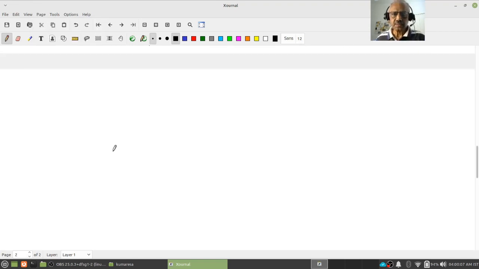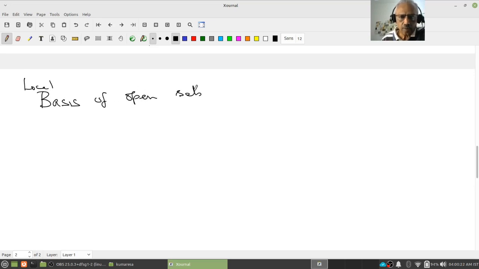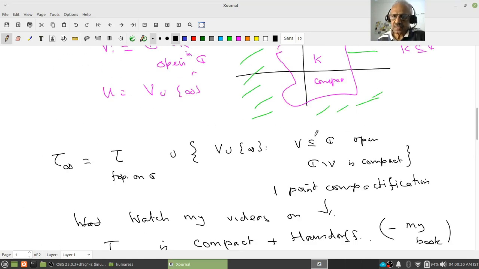Okay, so this is a topology. Using this topology, I want to find a local basis of open sets at infinity. What does it mean? See, what are the simplest compact sets?